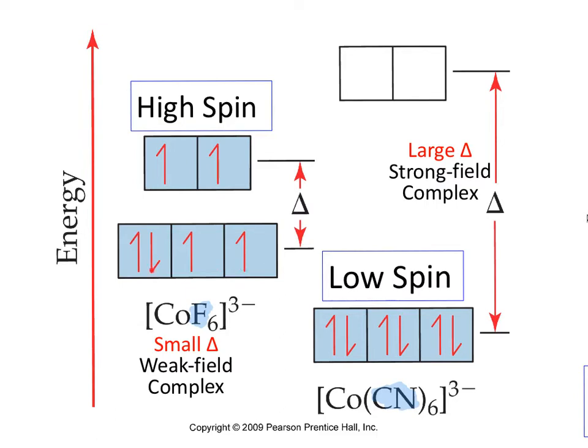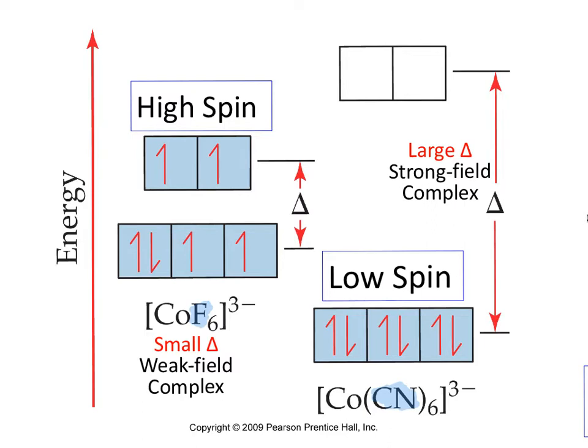But before we pair the electrons, we put them into the higher energy orbitals and then we pair. If we have a large splitting energy, which occurs if we have a strong field complex, which again is based on the ligand, we have what is called low spin. In a low spin complex, you first fill the orbitals singly, and then you pair the electrons before you go up high.